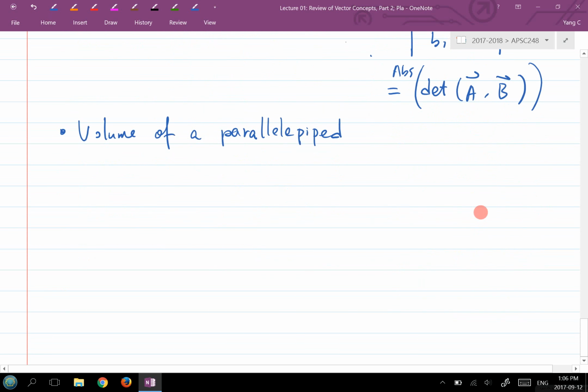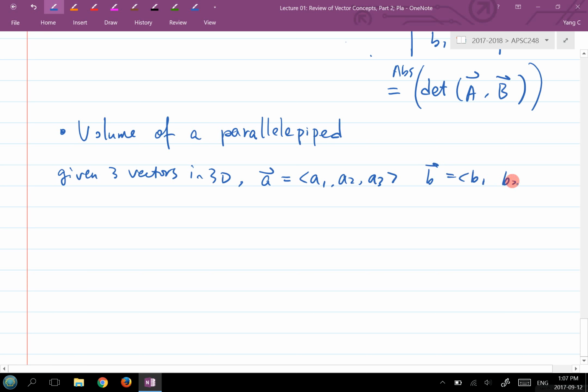Okay. Suppose that we are given three vectors in 3D. So the first vector, let's call it A. Second vector B. And then C. Okay, so given basically means you know these vectors.